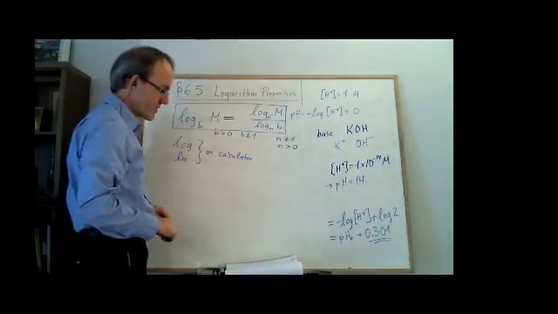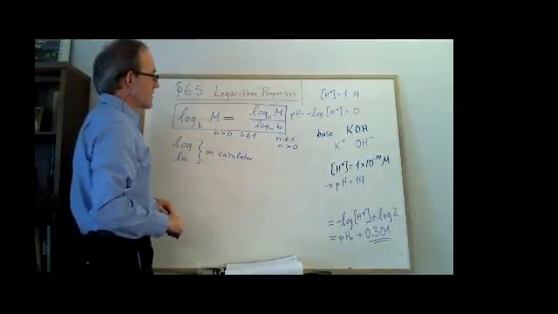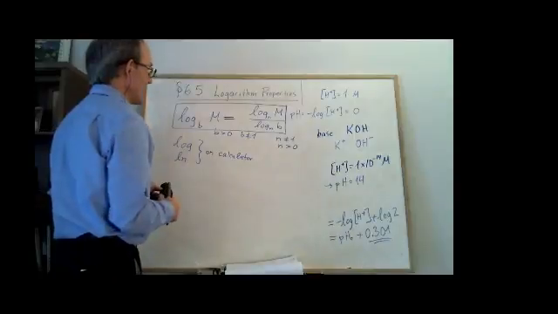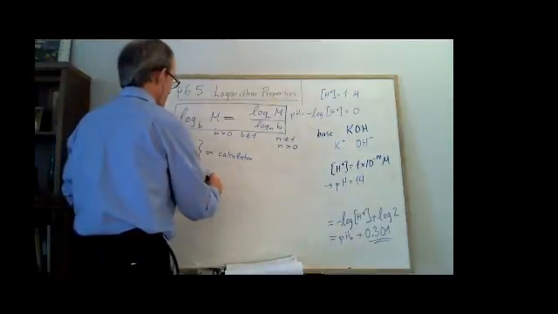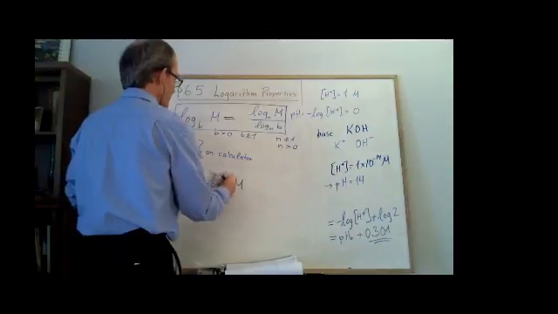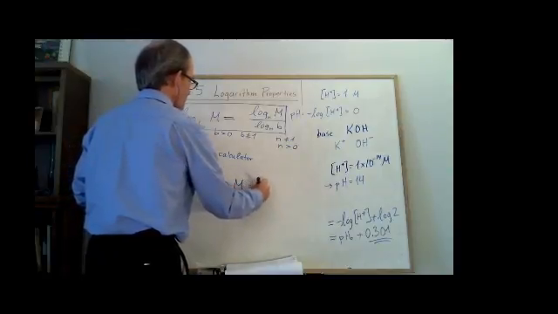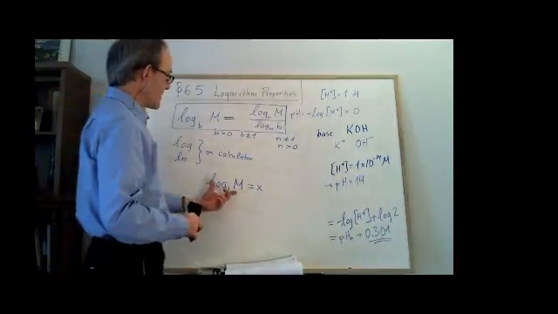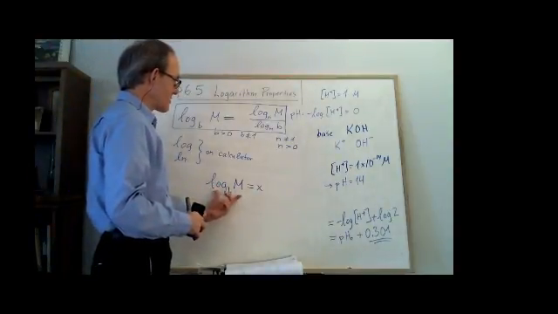Okay, now why is this true? Well, let us do a little bit of algebra. Let's call this whole thing x. So I want to evaluate x in a different way than this.